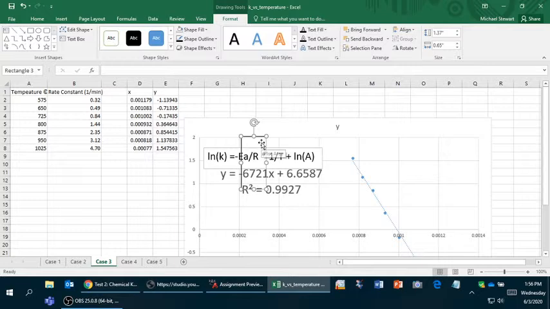So that tells us that this minus EA over R equals minus 6721. And similarly, our ln of A is equal to 6.6587. So these are the parallels we're going to draw between our theory, the ln of k and the Arrhenius relationship, and what we actually got in terms of our numbers.